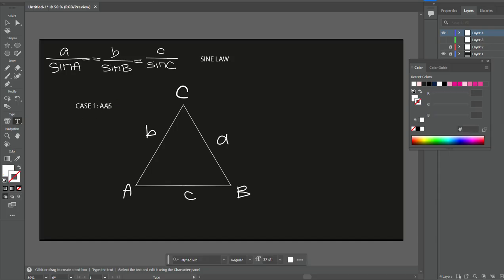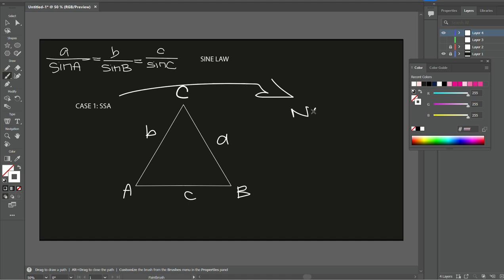Now for case 2, it's going to be the opposite. So instead of 2 angles and one side, you have 2 sides and 1 angle. So for case 2, it's either no triangle, 1 triangle, or 2 triangles.